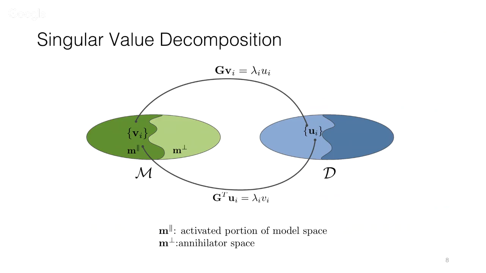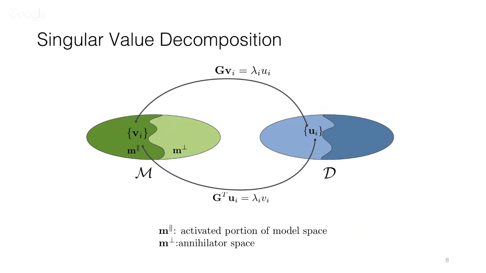And with the transpose, if I start with the ui here and apply G transpose to get back in here, again I'm connecting u1 and v1 with this lambda. That's the thing with singular value decomposition. Remember, we've got data space and model space, and the singular value decomposition connects them. One vector here connects with one vector here. That's a real tight connection.